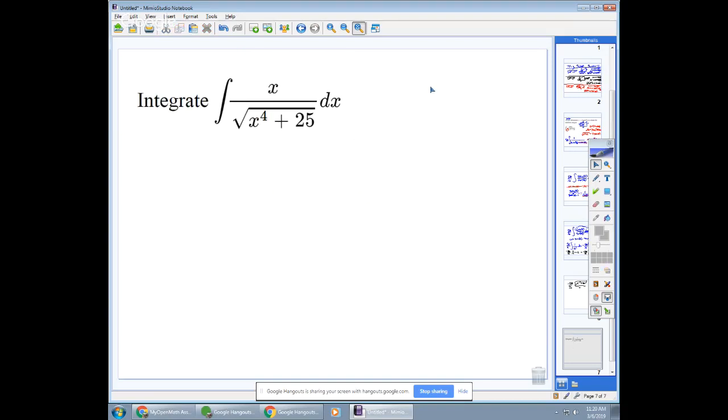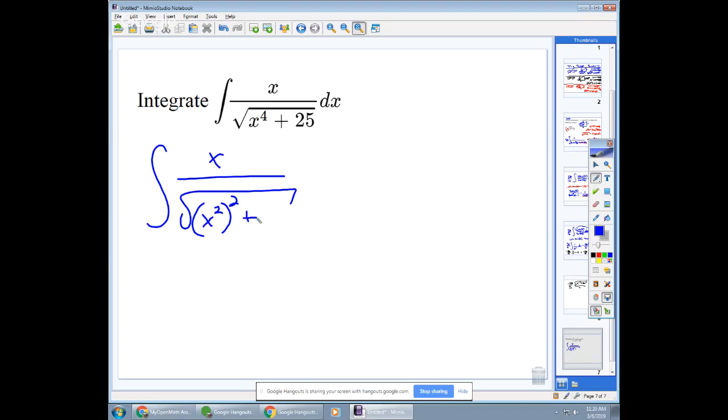All right. So I'm going to consider that to be x over square root. The 4th power is x squared, and the 25 is 5 squared.